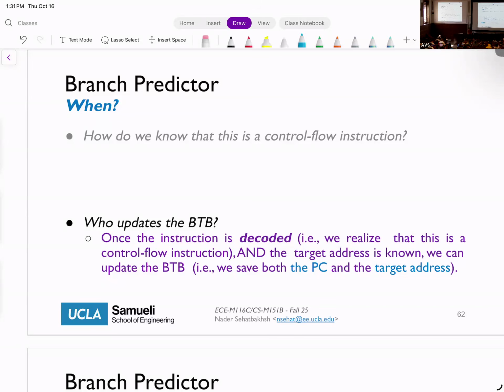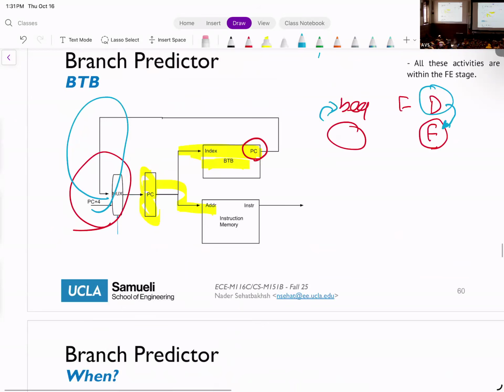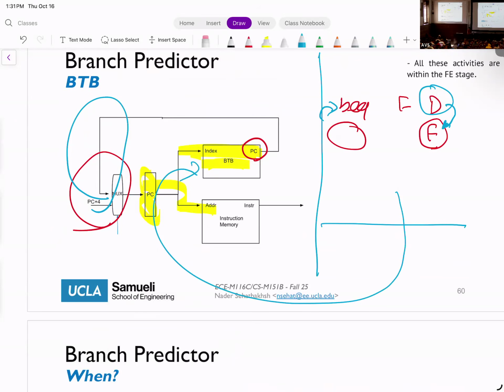So if this is your decode stage, there's going to be a feedback from here to here that writes to this BTB whenever we see a branch instruction and we know the target address of that branch instruction. That's an important thing. We only write to this table when we know for sure that it is a branch instruction. We don't write to this table for all the other instructions.